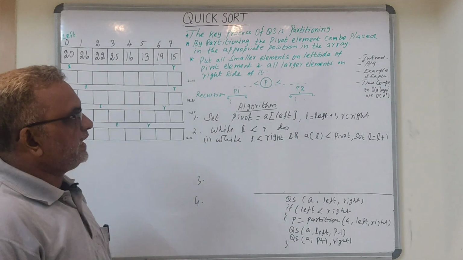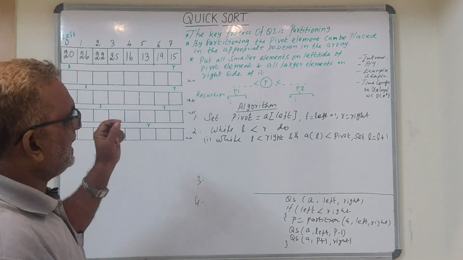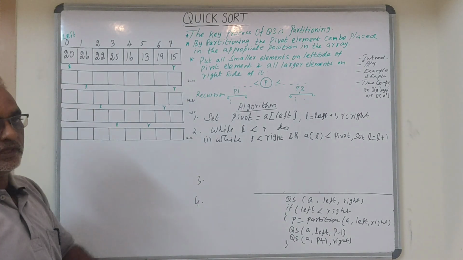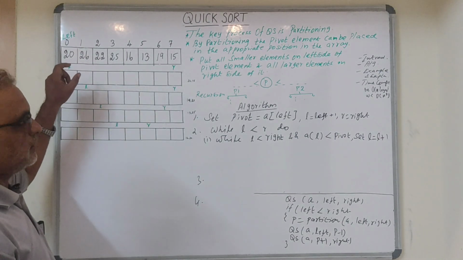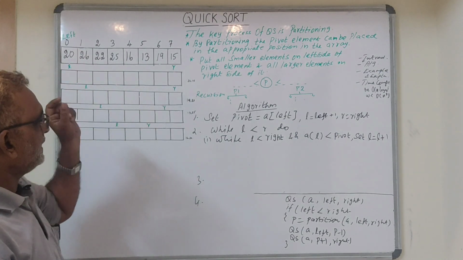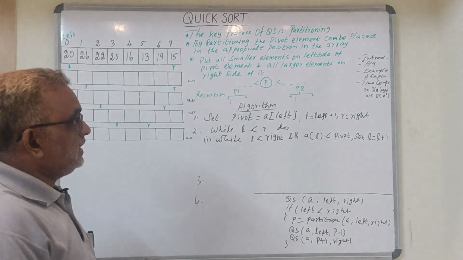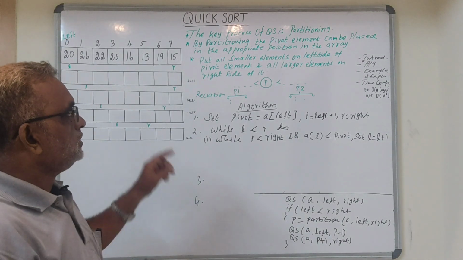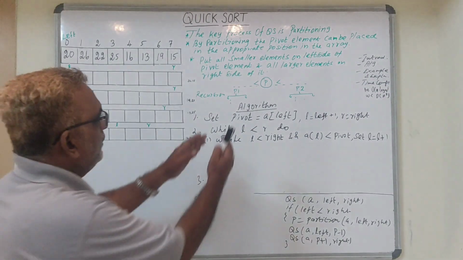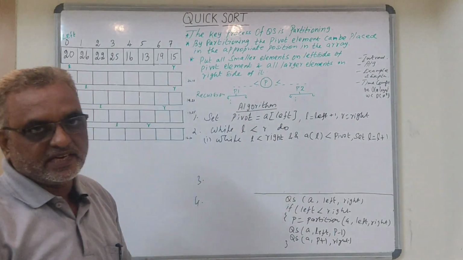By partitioning, the pivot element can be placed in the appropriate position in the array. We can select any element as a pivot element and we will place that element in such a way that the smaller elements than the pivot element will be placed on its left hand side.